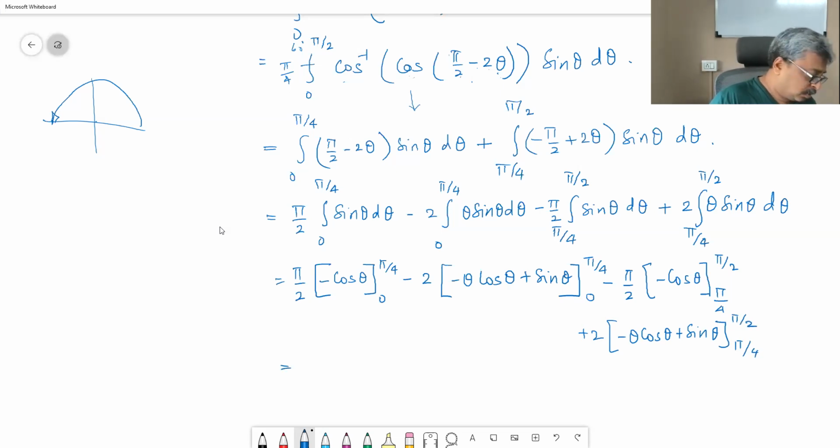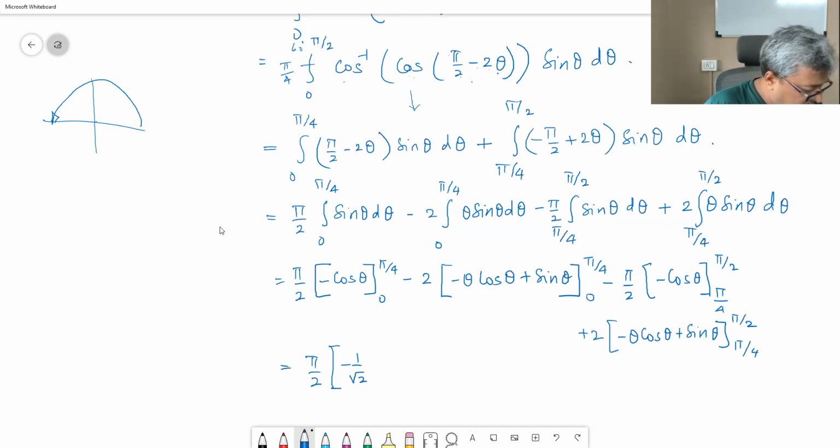Good, that comes out to be pi by 2, inside bracket, minus pi by 4, that is minus 1 upon root 2, minus cos 0. Cos 0 is 1.